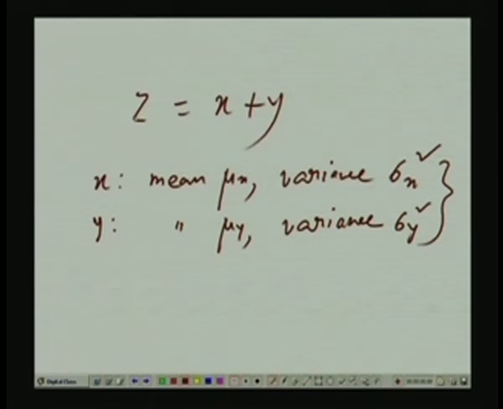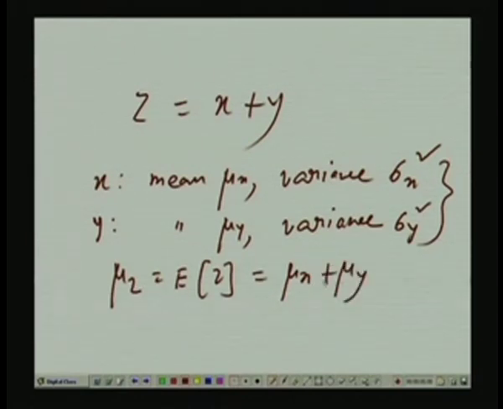Obviously, expected value of z is nothing but expected value of x plus y, and you can use the linearity of the expectation operator. So, that is nothing but expected value of x plus expected value of y. So, obviously, mu z, which is E of z, is the same as mu x plus mu y. That comes trivially. And what happens to the variance?